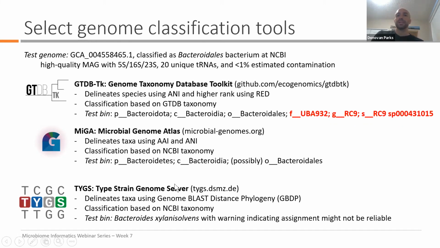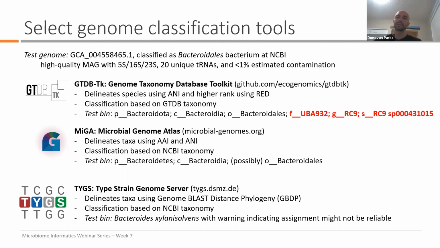You can also submit your genome to the Type Strain Genome Server. Again, this has a different methodology for how to circumscribe taxa. They use something called the Genome BLAST Distance Phylogeny. Here, the classification, again, is based on the NCBI taxonomy. Now, this service is really geared towards type strains.